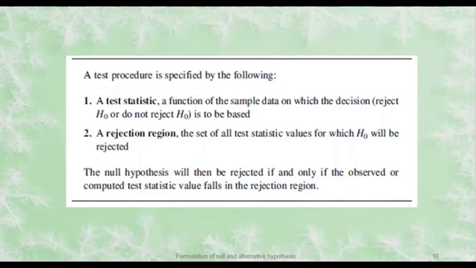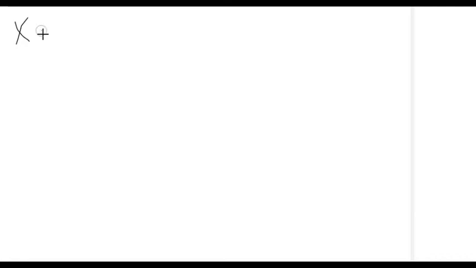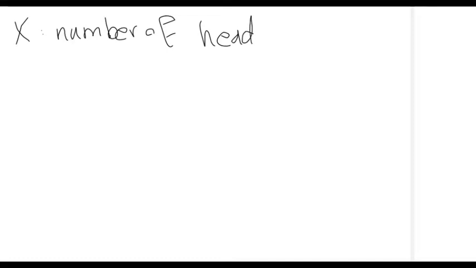So again, look at this example. X is the number of heads in 100 tosses. What are the possible values for X?